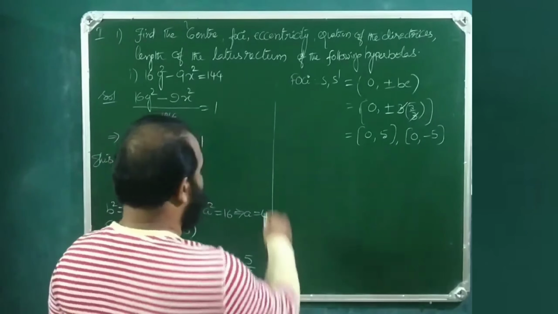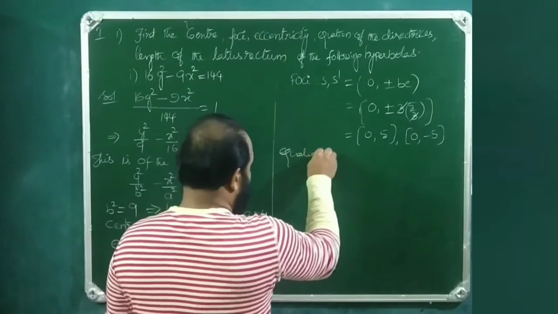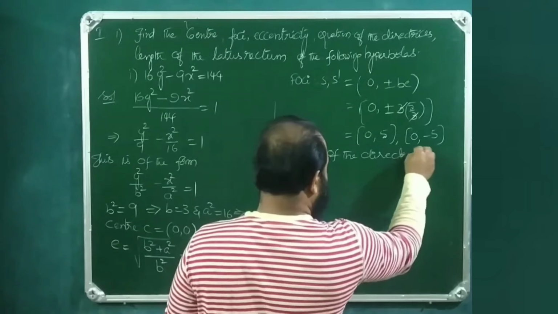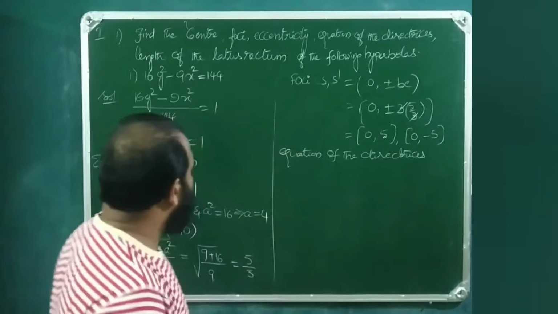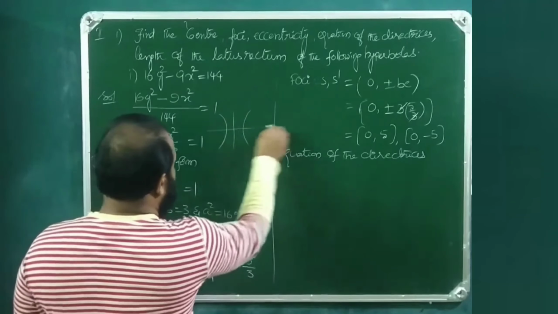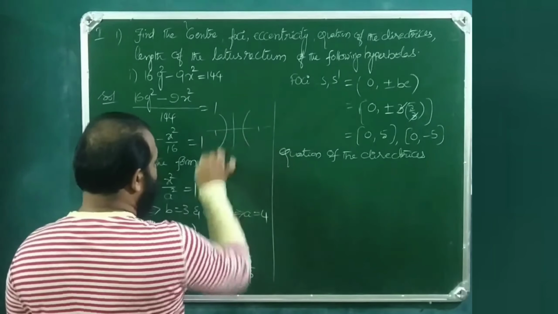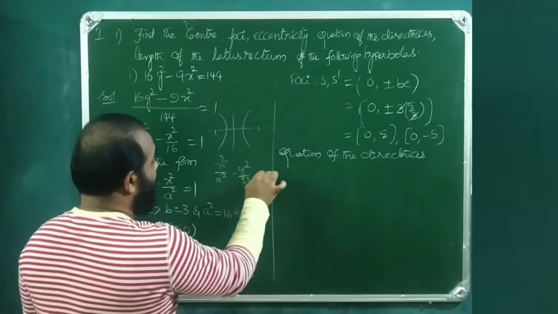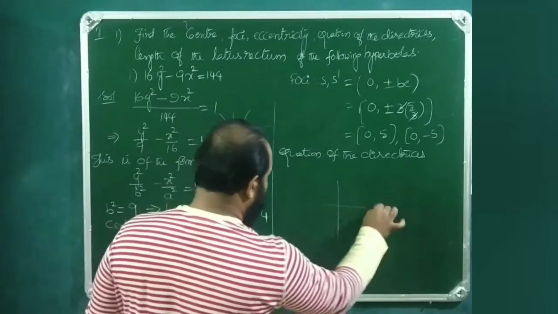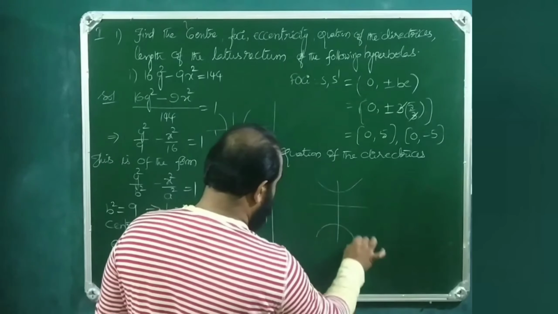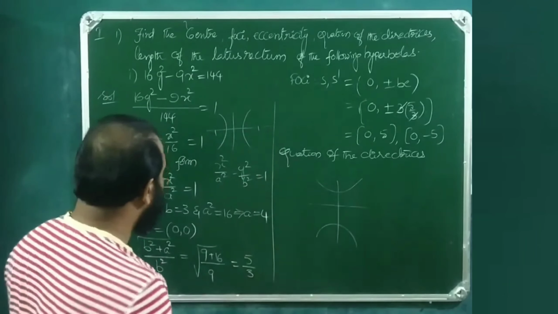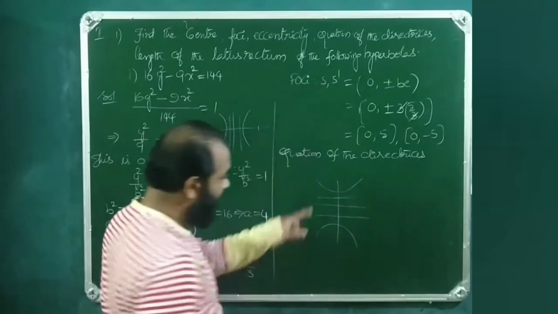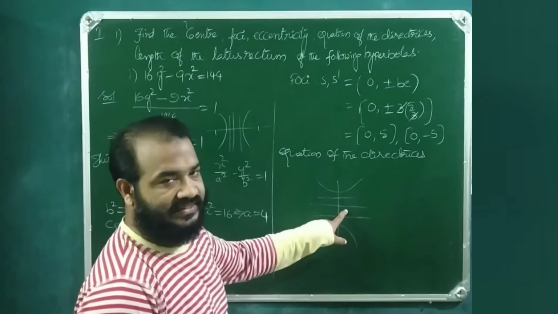Next, equation of the directrices. For the hyperbola x square by a square minus y square by b square equals 1, the directrices are vertical. But for the conjugate hyperbola, these are the directrices, and these directrices are parallel to the x-axis.